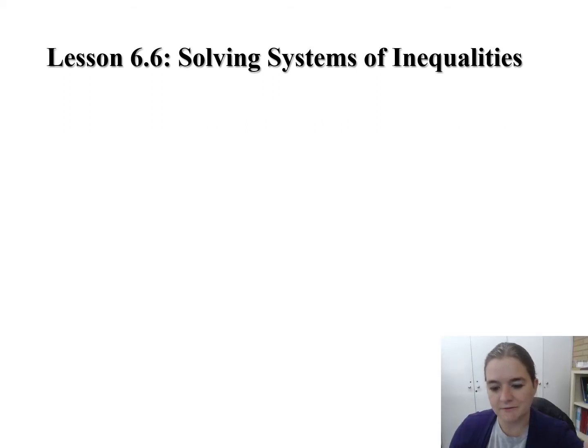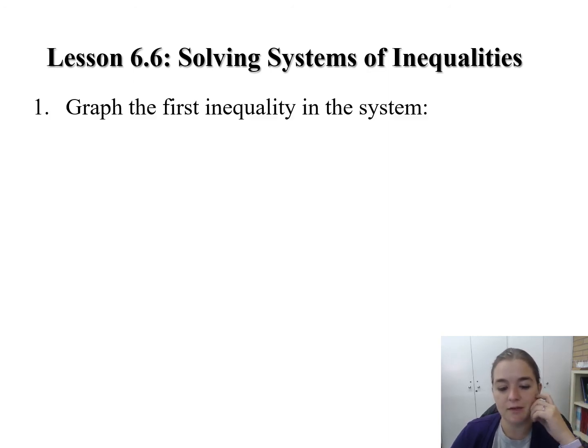So how do we graph these systems of inequalities? Now this slide here is going to be a review, and if you want to write these steps down, I think it's a useful way when you're coming towards the test. But if you know how to graph your inequalities already, this does not need to be written in your notebook. The first thing you're going to do is graph the first inequality in the system. To do that, you have 3 steps.